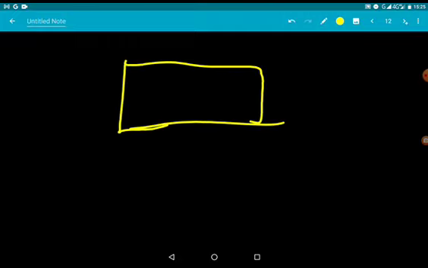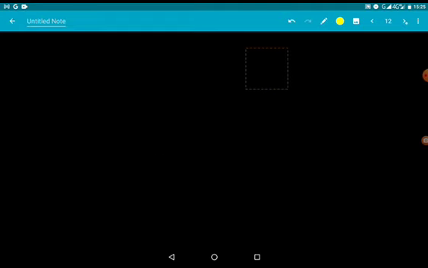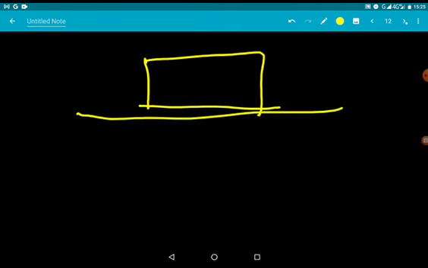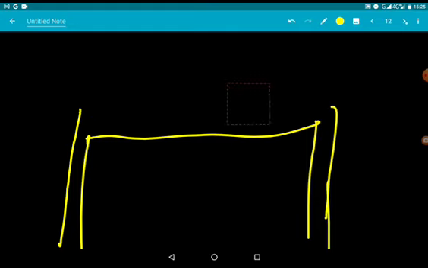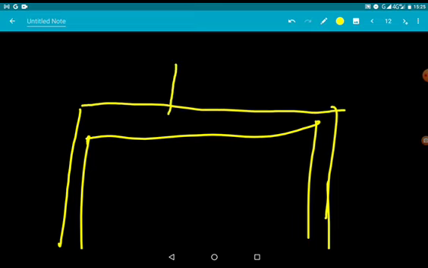No, let's consider this box, and it is located on a table, right? I am not going to draw it beautifully, because you know that I am not good at drawings.